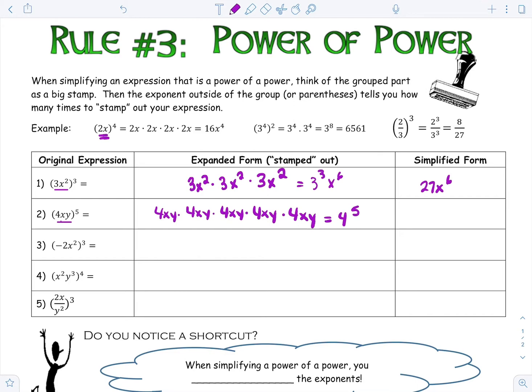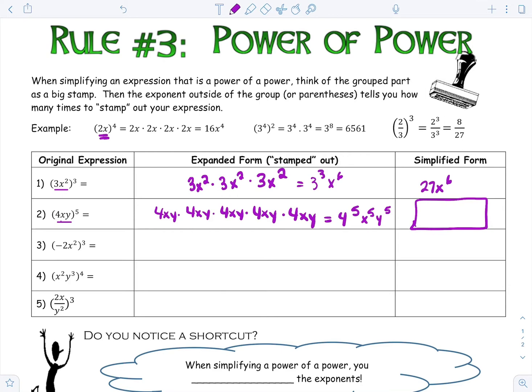That's 5 times there. And then x is being multiplied 5 times, so that's x to the 5th. Y is being multiplied 5 times, so that is y to the 5th. All right. Feel free to simplify the 4 to the 5th and write the result right here.